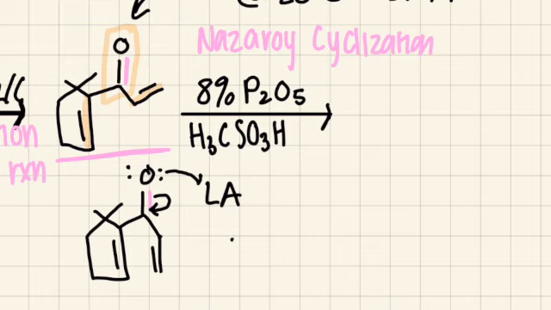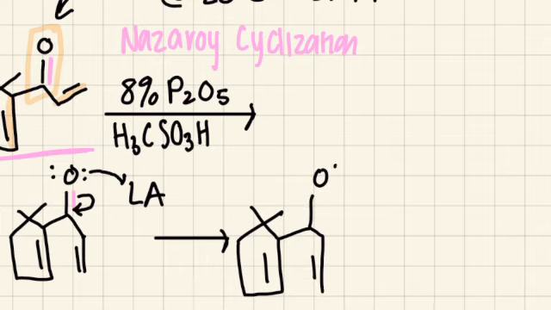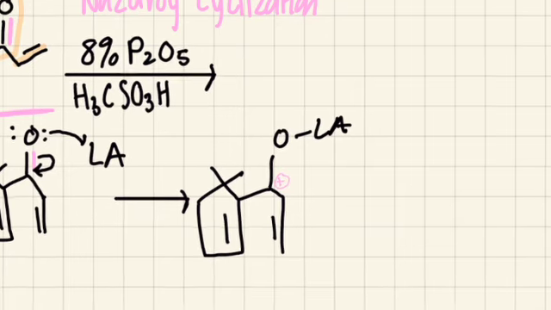So we have a structure with a carbocation, and we attached the Lewis acid to our oxygen right there, and our carbocation goes here.